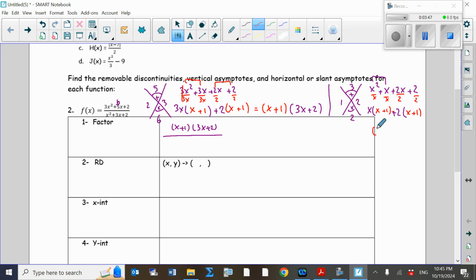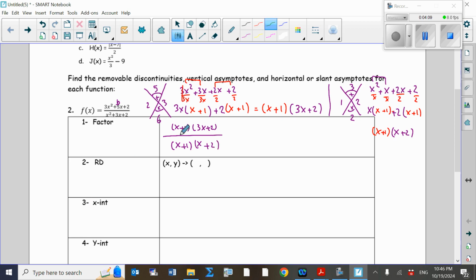Now, x plus 1, you factor that out because it's in common between them. If you factor this one out, only x is left. If you factor this one out, only 2 is left. So the factor of the bottom is x plus 1 times x plus 2.